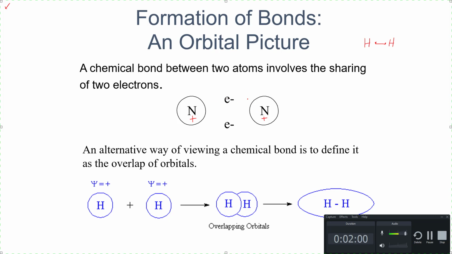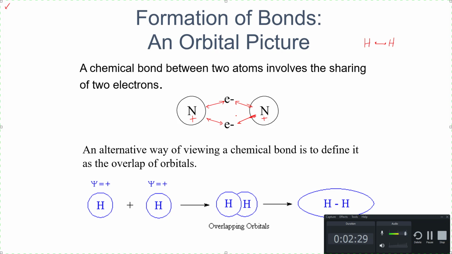And when you bring those two hydrogen atoms together, the way you form the chemical bond is by the electrons being simultaneously attracted to both of the nuclei. In this case, these would be hydrogen nuclei. And so, that's the sharing of electrons at the atomic level: a simultaneous attraction of the electrons to both positive nuclei.